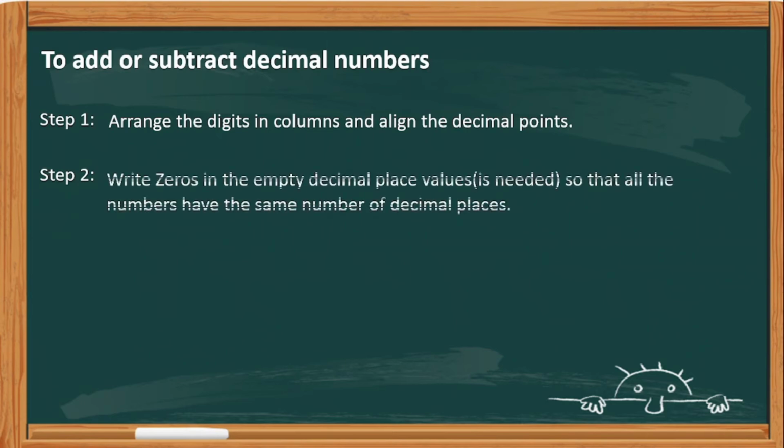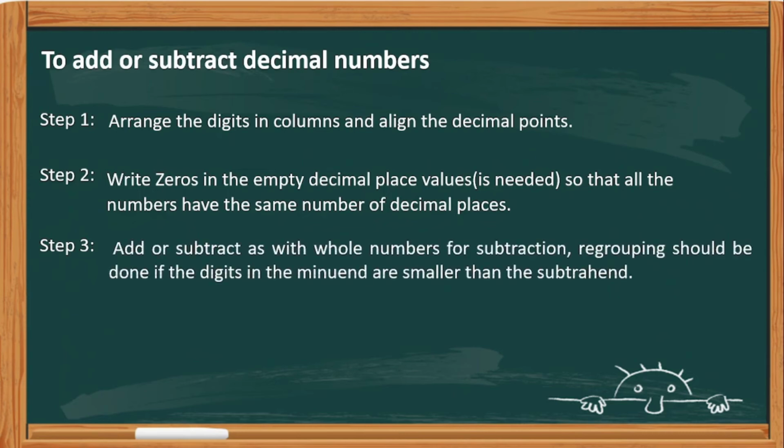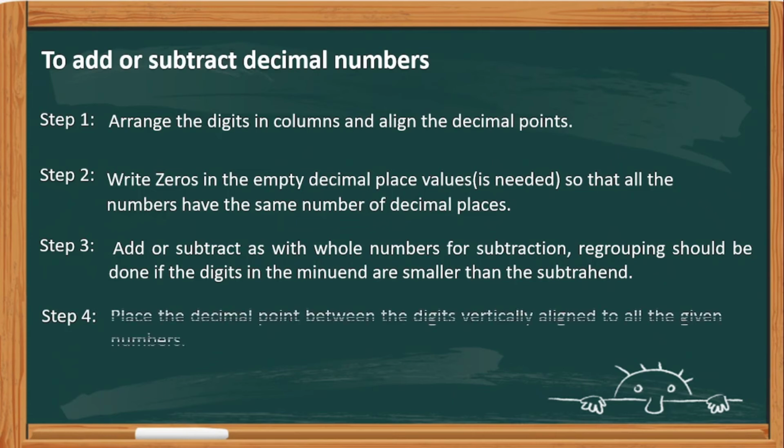Step 2. Write zeros in the empty decimal places if needed so that all the numbers have the same number of decimal places. Step 3. Add or subtract as whole numbers. In subtraction, regrouping should be done if the digits in the minuend are smaller than the subtrahend. Step 4.